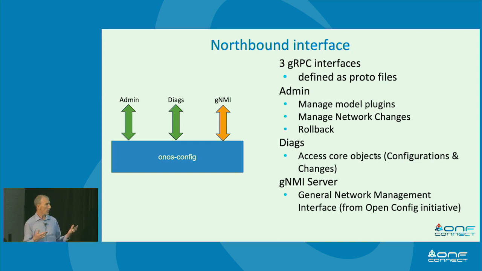GNMI itself is a well-known interface for configuration management, but really it's built as an interface for managing single devices. So we've added a couple of things onto it using the extension. We have a couple of well-known extensions.